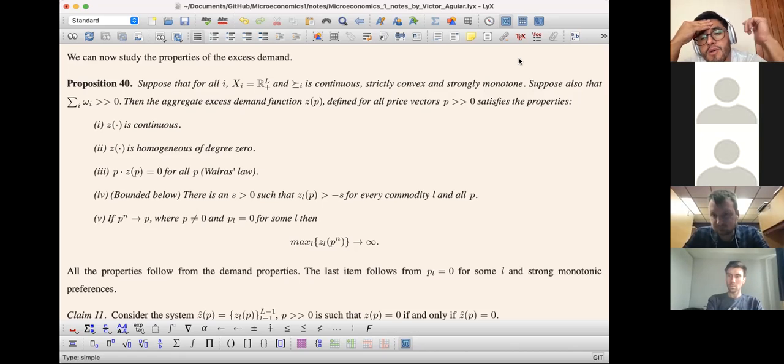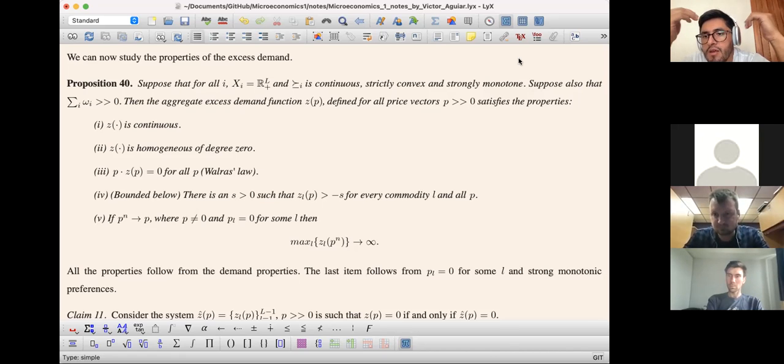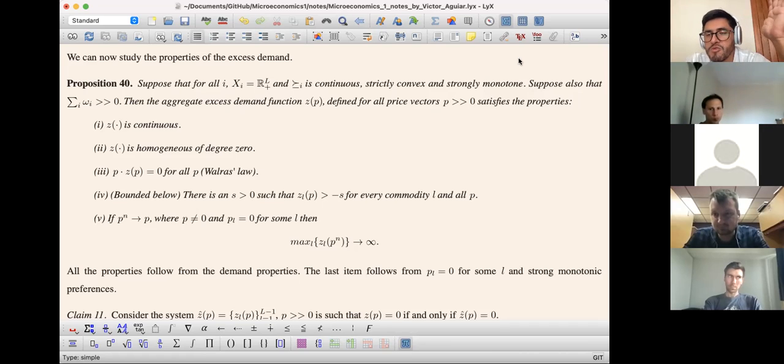That means that because things are desirable, by strong monotonicity, if something becomes free, then people will want infinite amounts of it. Now it becomes free, demand becomes infinite, right? So that's what's happening here. Of course, you're not going to have an equilibrium there, but this is possible in the function. Any questions here? These are implications of the assumptions, nothing fancy. They are important because we're going to use these properties to show the next result.